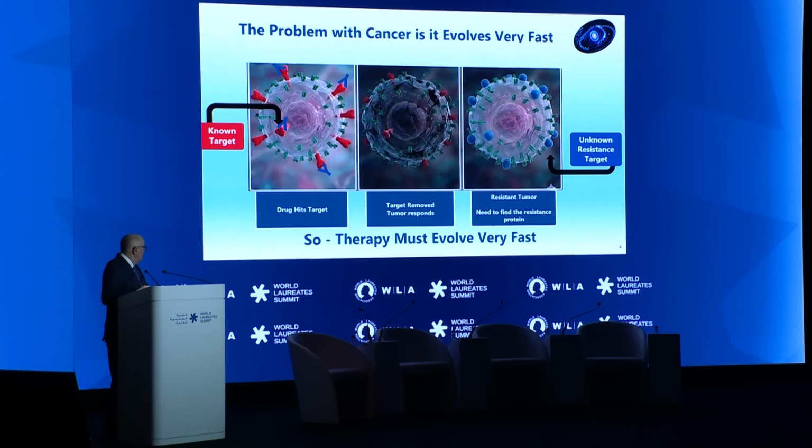And in some cases, of course, it might relapse as a result of several different kinds of therapy. So the challenge has been for a very long time to try and develop therapies that can keep up with and even get ahead of the cancer.